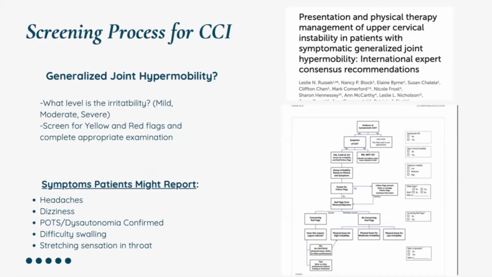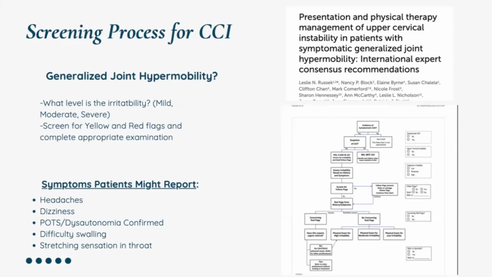And following this flowchart, essentially, do we suspect this person has upper cervical instability based on the symptoms that Dr. Siefferman mentioned and some of the ones that you see that I wrote over here? Yes or no? Is there generalized joint hypermobility? And then just going through screening for yellow flags and red flags, and then determining what level of irritability this patient is experiencing.